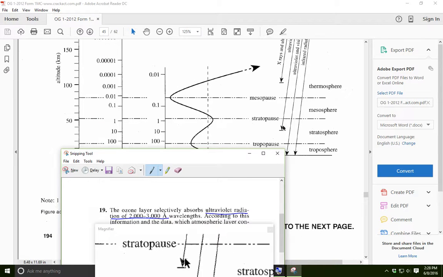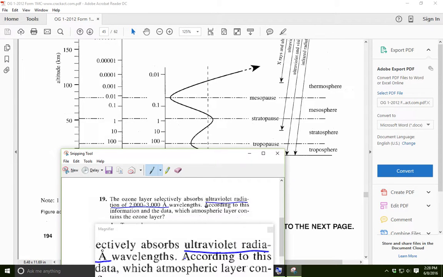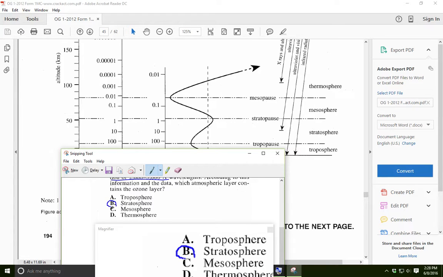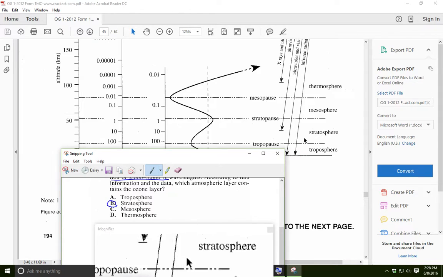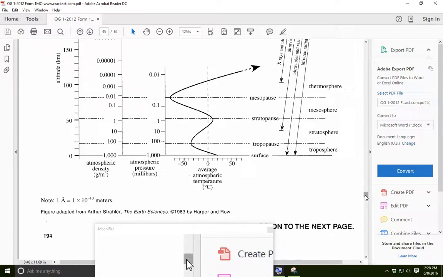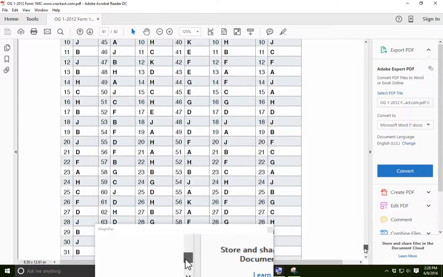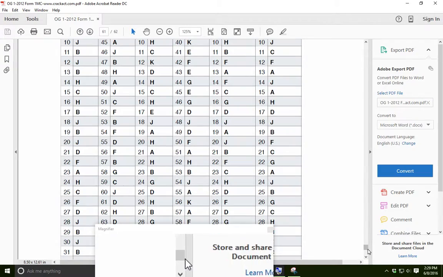And the layer for ultraviolet, as you can see, is actually the stratosphere. So the answer should be B. Let's check just to make sure. Number 19 is B. I was correct.